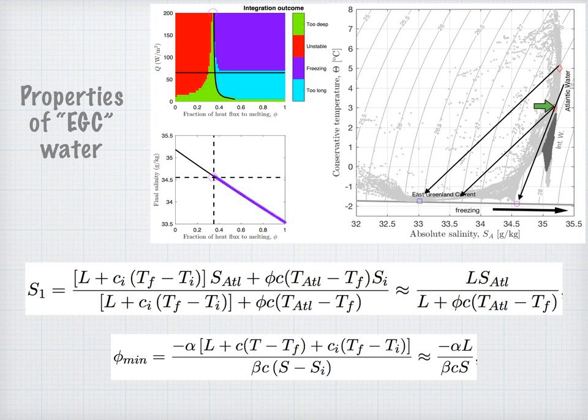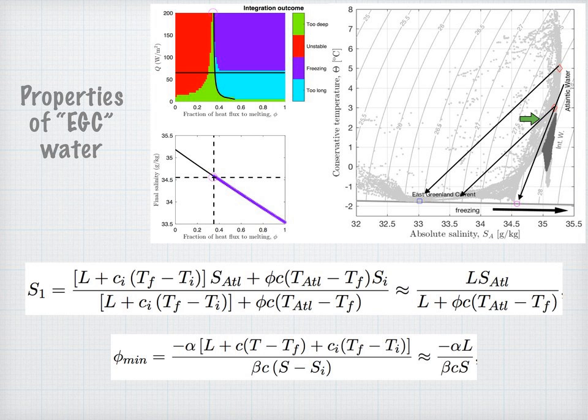So that line, which is tangent to the isopycnal going through that Atlantic water point, will define the value of phi which is minimum for you to produce a polar surface layer that does not overturn. If it's any steeper than that, in other words, if it's any more vertical, then it will end up making water which is denser than the initial water, and it would overturn and therefore will not be counted.